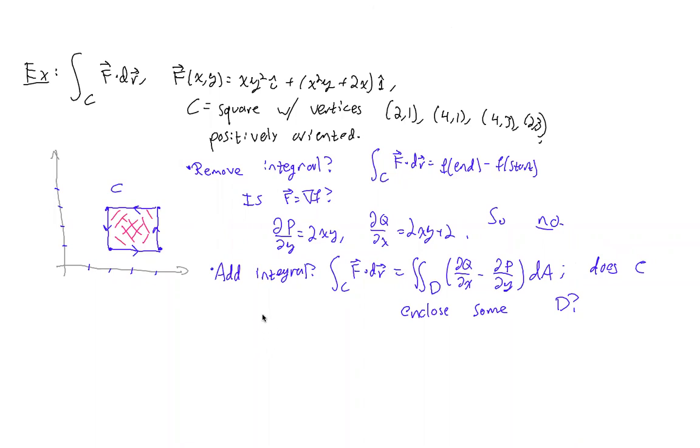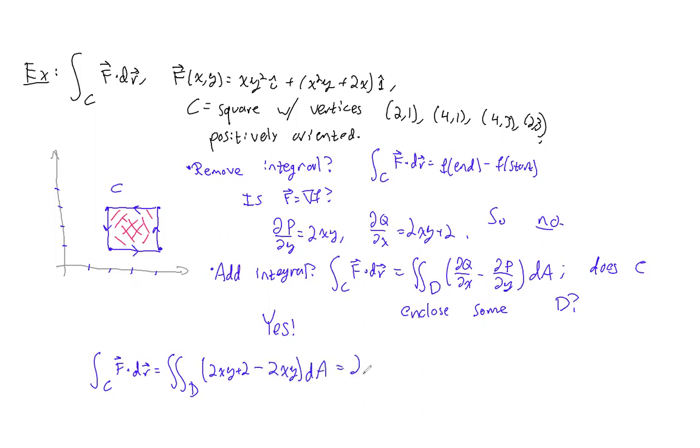And not only that, but in this case, the integral becomes very easy to solve. F dot dr is the double integral over D of del Q del x, which is 2xy plus 2, minus del P del y, or minus 2xy.